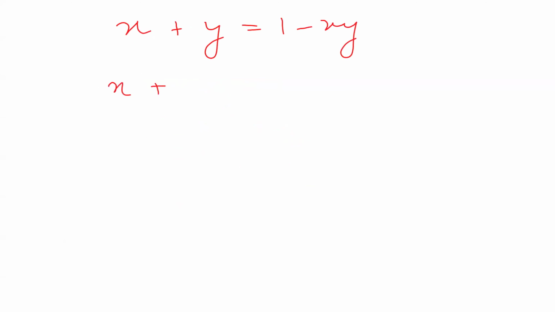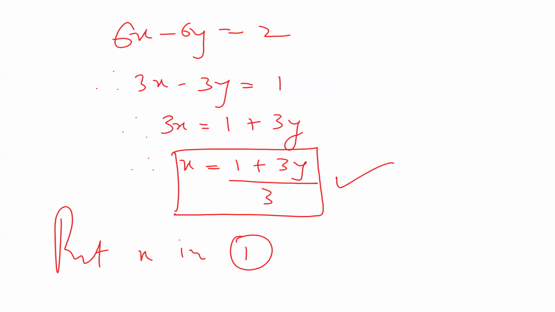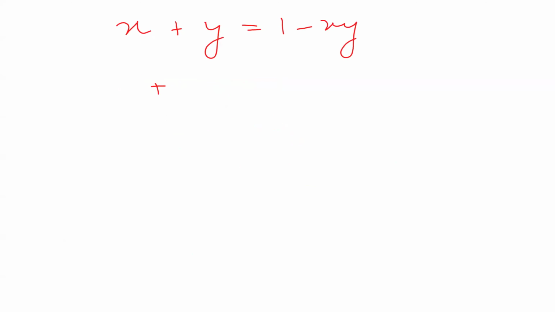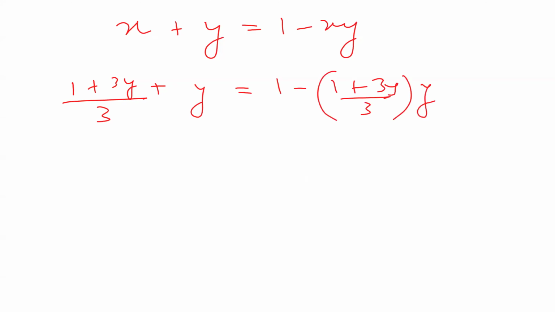So put the value of x. Okay, that is 1 plus 3y upon 3. So this is 1 plus 3y upon 3 plus y is equal to 1 minus x. x is 1 plus 3y upon 3 into y.